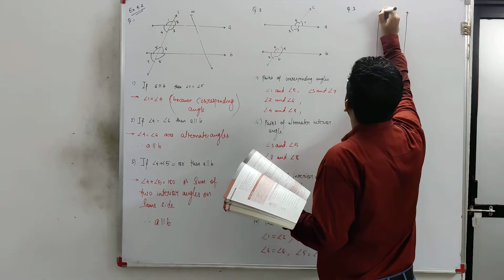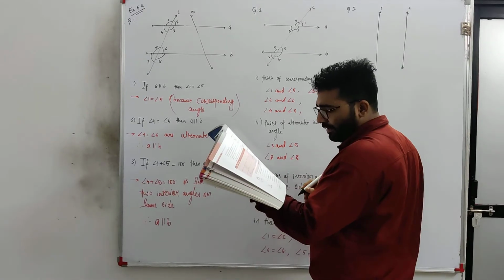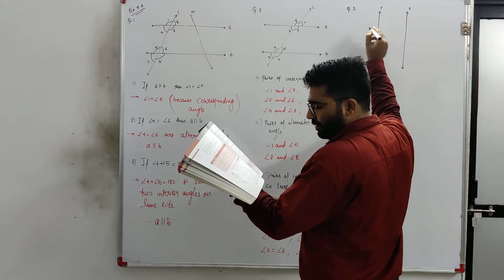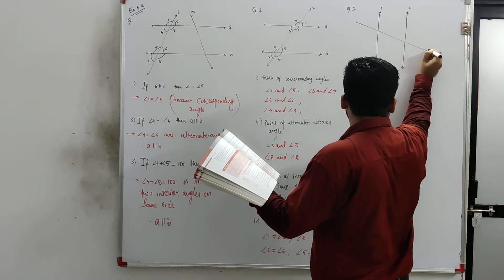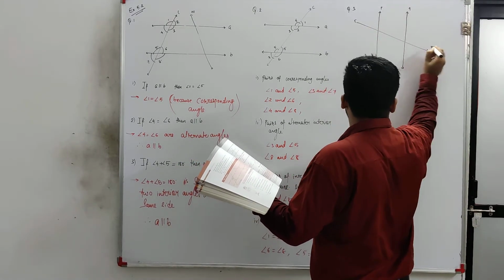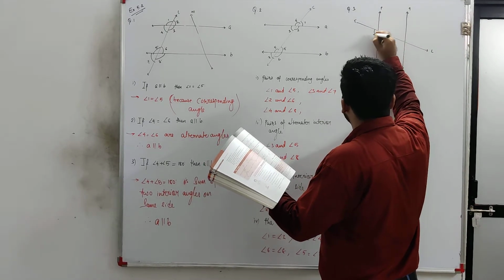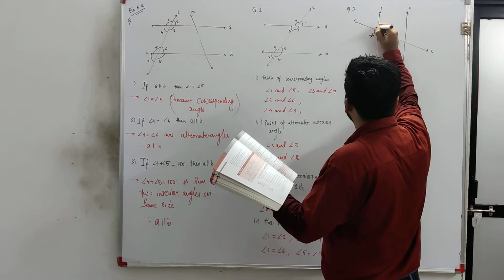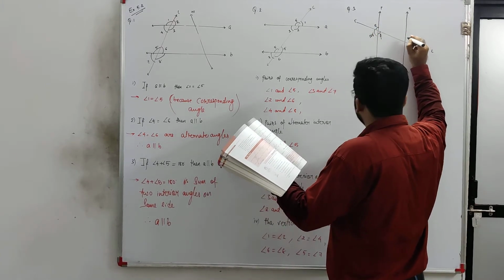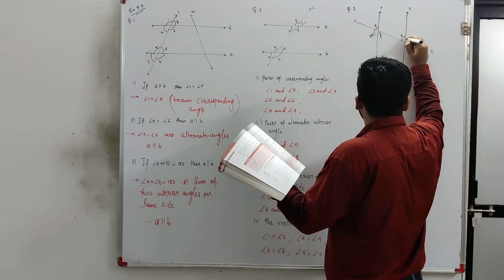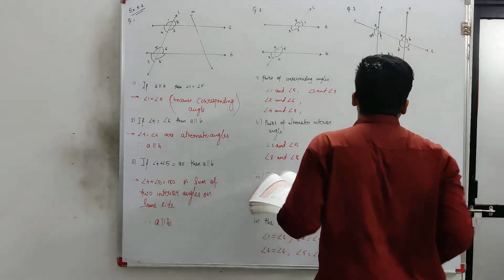This one is P and this one is Q. These are the two parallel lines, and here I am drawing one transversal that I mention as L. Some of the angles are formed like this: one is 125 degrees, this is E, F, and here are A, B, C and D.